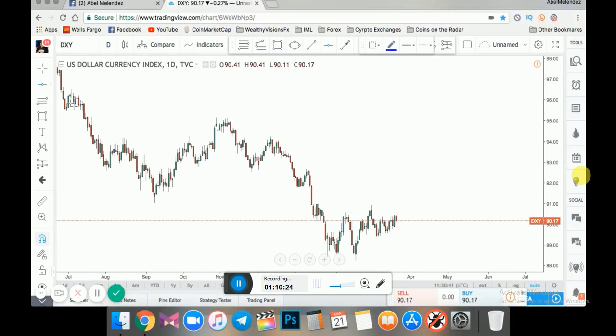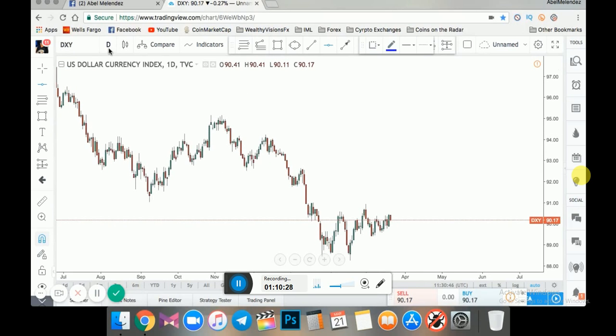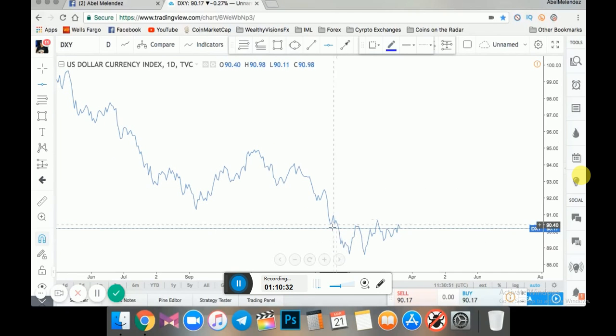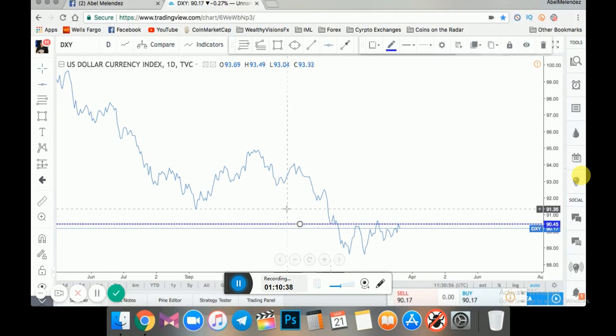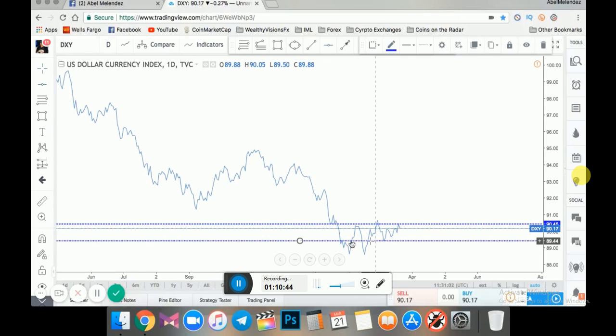All right. Looking at the dollar index, I'm going to analyze it just how I analyze any other pair. Go to a higher time frame, line chart, and from the line chart just start marking off key levels of price that have occurred recently. It's very, very simple, man.